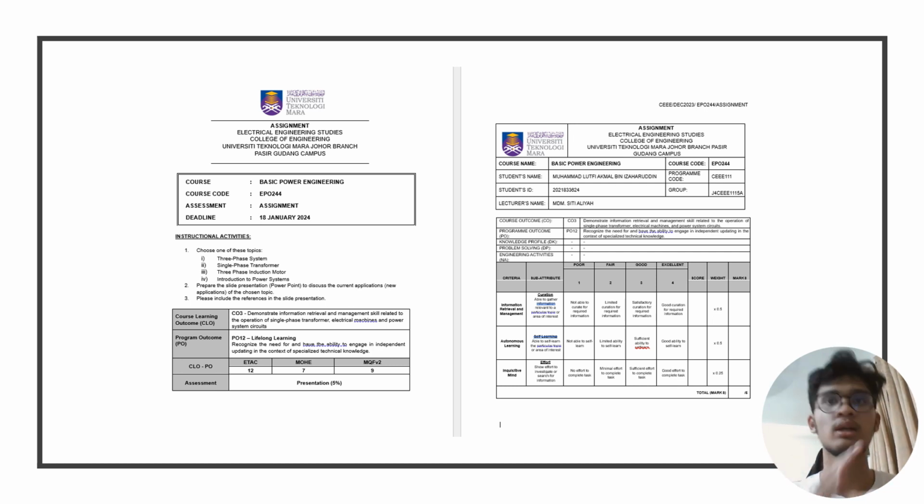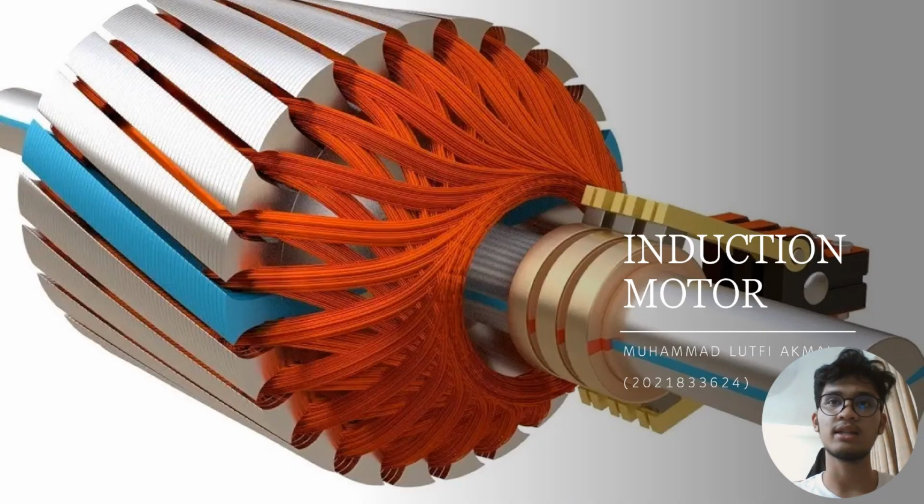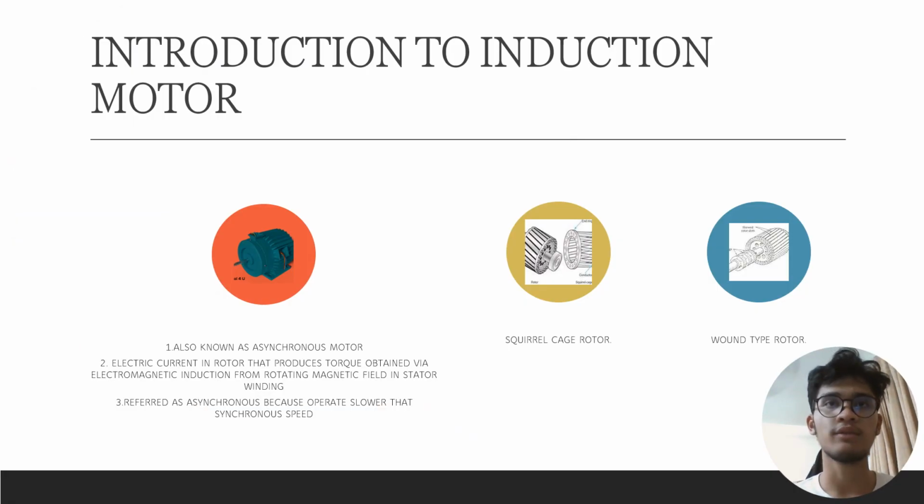So, today I'll be presenting my topic of choice, which is chapter 3 induction motor. First of all, what is an induction motor? An induction motor, also known as an asynchronous motor, is a commonly used AC electric motor.